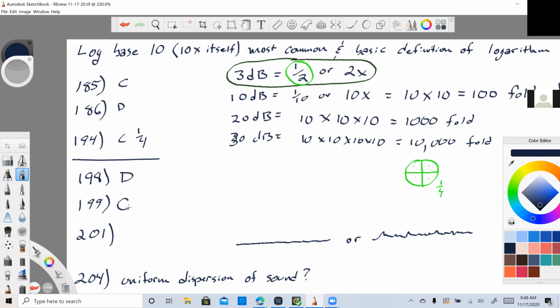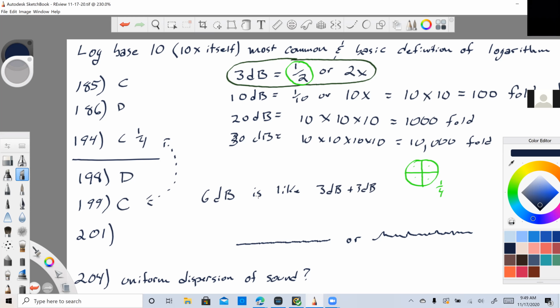Yeah. So 6 decibels is really like 3 and 3 decibels. 3 decibels plus 3 decibels.